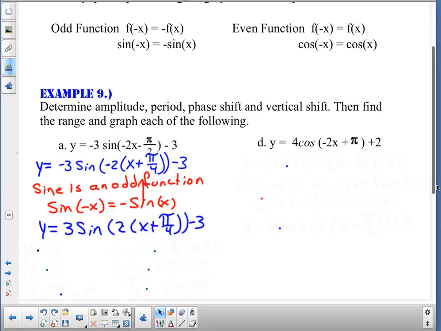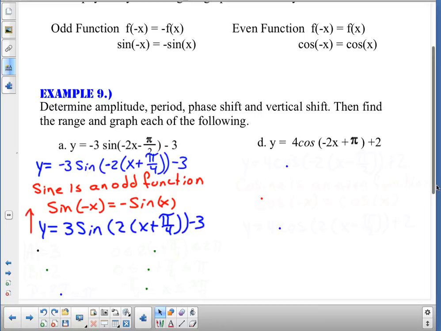Notice that these are the same, but the negative on the 2 was shared with the a term, and now that negative a term is no longer there, it's positive a. Now I can read everything correctly using the idea of odd functions. This is how we deal with negative b values inside.